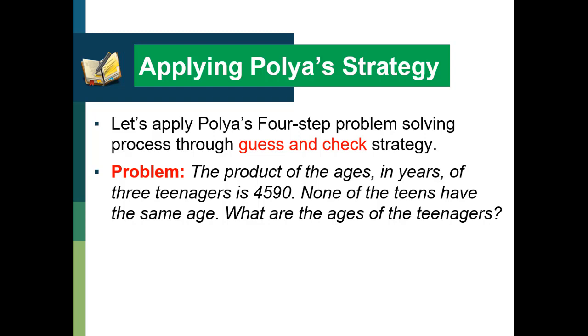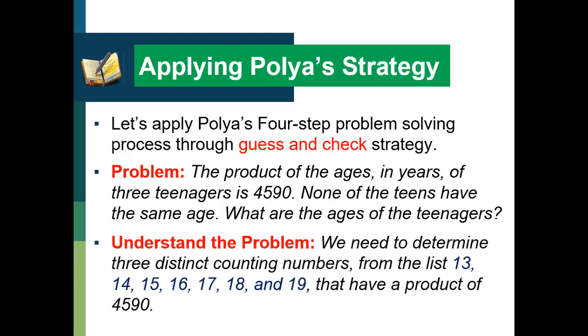Now the first step is understand the problem. And how are we going to understand that? We need to determine 3 distinct counting numbers from the list 13 to 19. Why? Because we're dealing with teenagers. And when we say teenagers, it starts with 13 to 19 from the word teen.